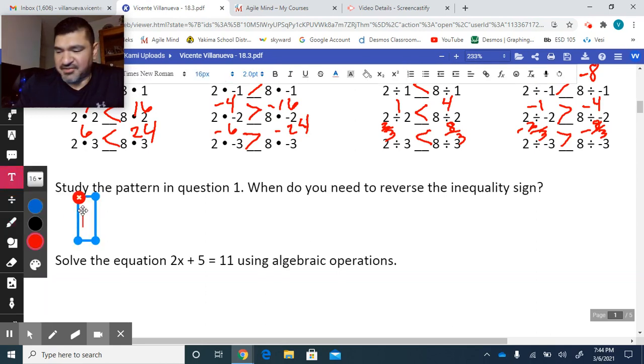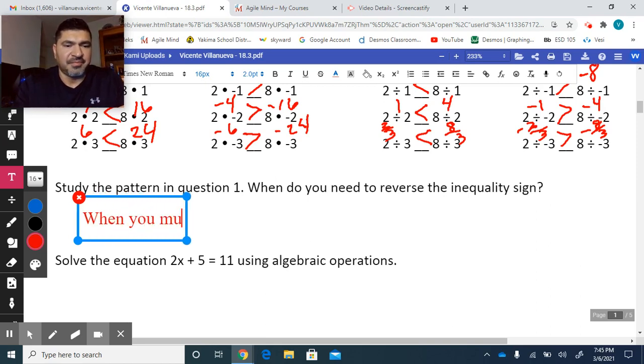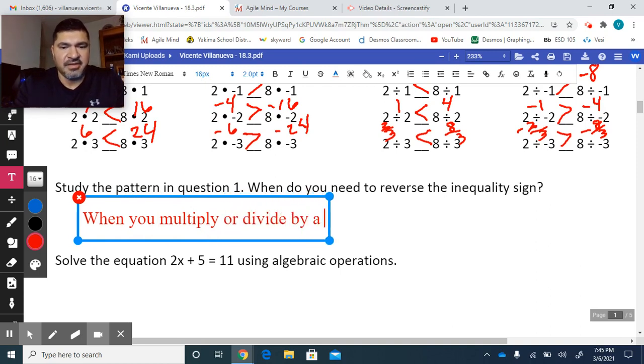Okay, and I'm giving you guys a second to think about that and how to write that. Okay, it is when you multiply or divide by a negative number.